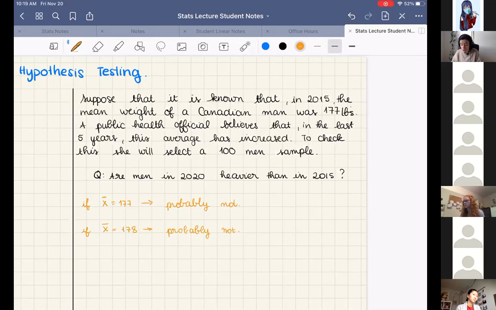Now, remember that we're assuming that our sample is very well chosen, so it's perfectly random. I have no reason to believe that there's any kind of bias. So I'm assuming that my sample is good.